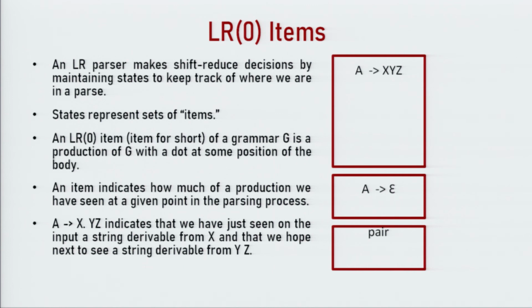Now, we will focus on LR(0) items and the LR(0) automaton. Why are we studying LR(0) items and automata? Actually, our motive is to design the parsing table, and for designing the parsing table we need some ingredients.